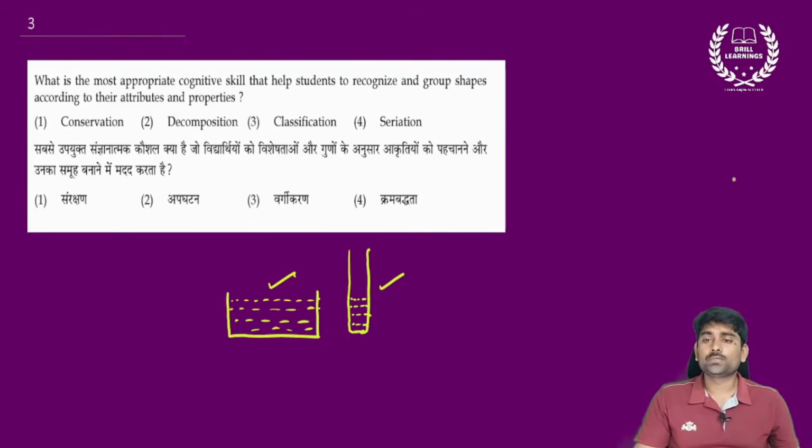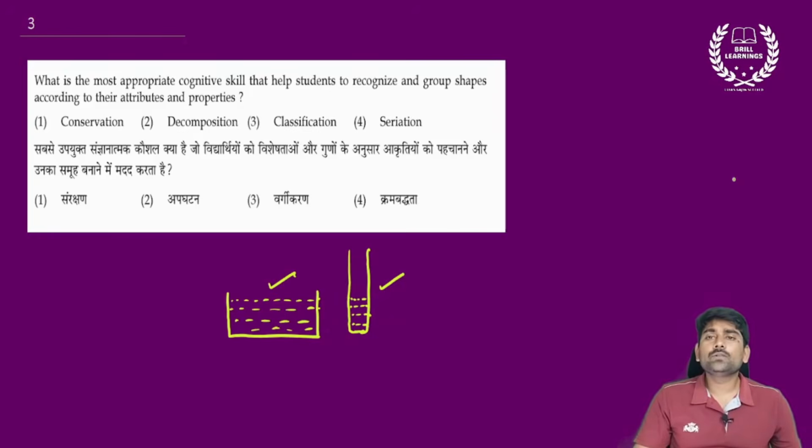Let's check the second option, decomposition. In decomposition, the student is able to break down a shape into different parts, but based on the properties he cannot. He just has the spatial reasoning knowledge only, but based on the properties he cannot distinguish or group any shapes. Okay, let's check the fourth option, seriation.